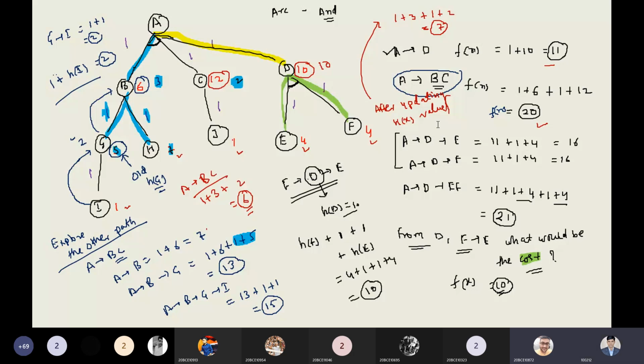Here, my objective was to show how the other paths may be correct. We choose A to BC because of the updated heuristic function, but A to D would be our best path from the previous conditions based on the A star algorithm. It is not the case in all cases. It can happen in some cases that the algorithm gets the optimal solution. So I can ask this question: what would be the optimal path? At that time you need to explore the other path.